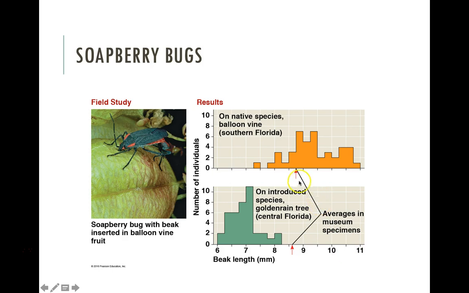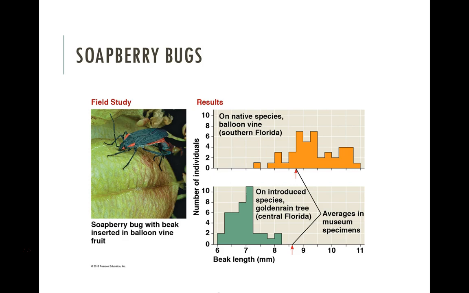Based on museum specimens and living specimens, the soapberry bugs feeding on the balloon vine have longer mouth parts than those feeding on the golden rain tree. They compared two different populations, a population in southern Florida where the balloon vine was still more prevalent, and a population in central Florida where the golden rain tree had been introduced.